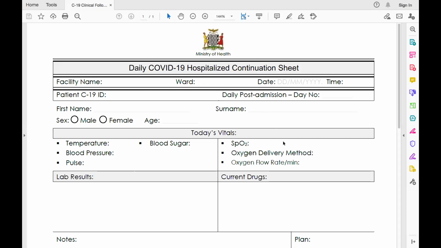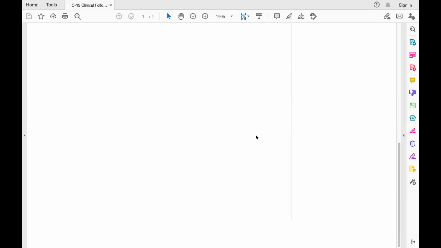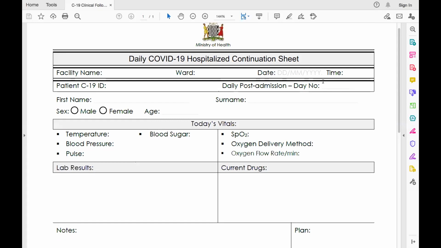So this form will be on an A4 soft paper and is expected to be entered from day 1 of admission, because day 0 will be the hard form. Please remember to always fill in the date of admission, how long they've stayed on the wards, so that we can enhance our data.